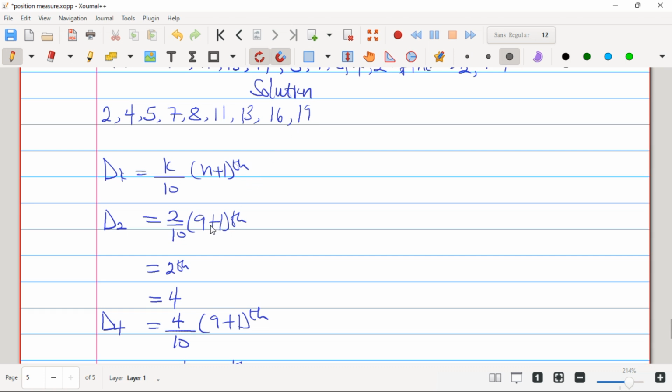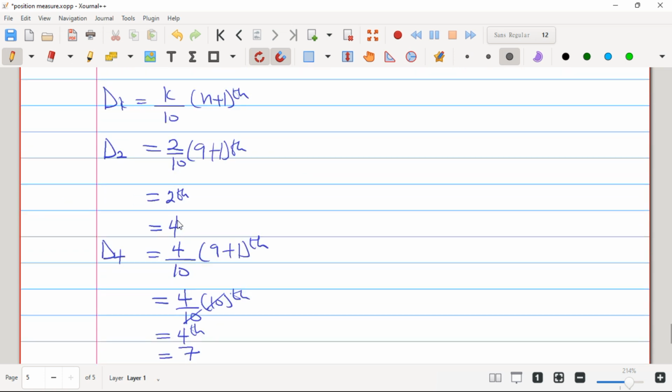Our n is 9, right? So 9 plus 1 is 10. 10 divided by 10 is 1. So you are going to get 2nd position, right? So we come here and then we select 4 to be our D subscript 2.